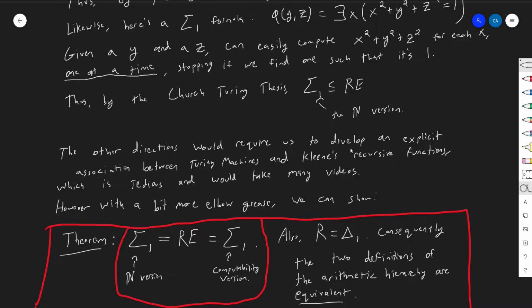Kleene's recursive functions are functions from the natural numbers to the natural numbers. So it naturally follows, with a little bit more work, that any computably enumerable problem can be expressed number theoretically with a sigma 1 formula, by just looking at the general form of that recursive function and saying, oh yeah, that's already essentially a sigma 1 formula.